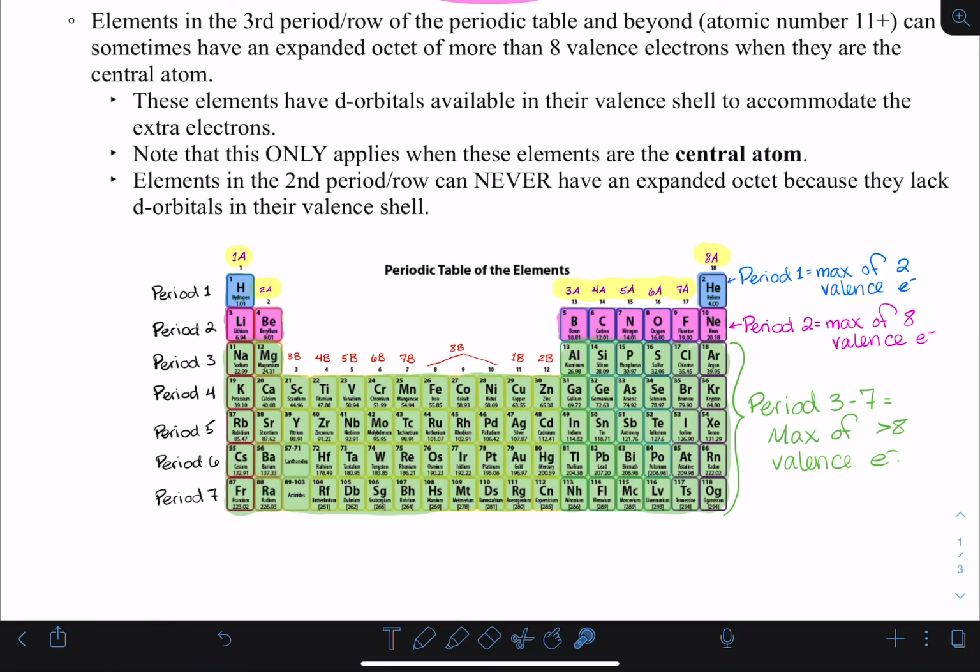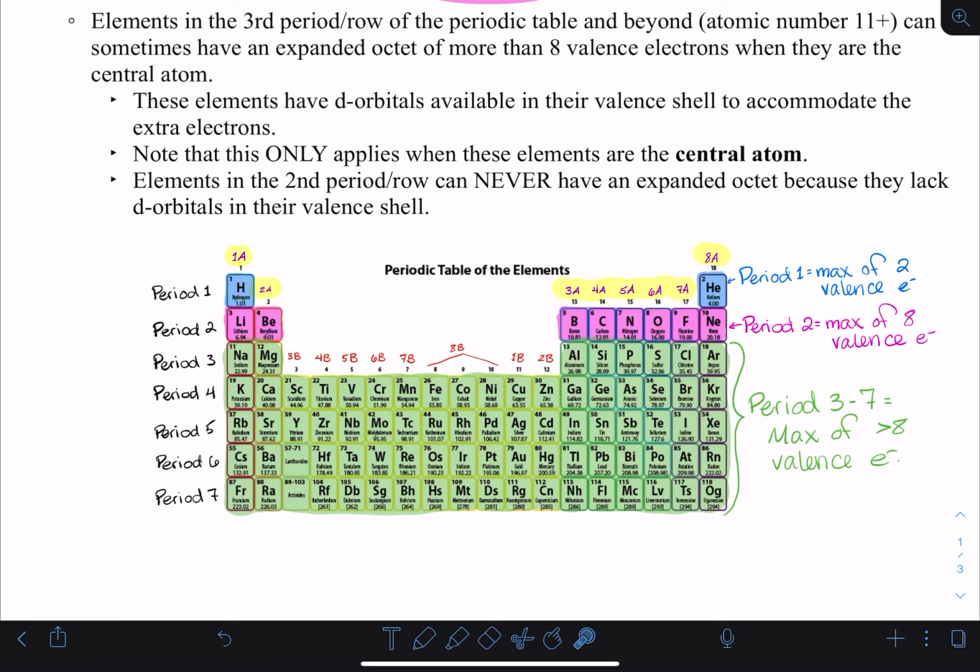But after period 2 is where we start to get d orbitals available. The n=3 energy level contains a d subshell as well, which means that after we have filled up our s and our p, there are d orbitals available in the same shell. They're higher in energy, but they're there and they can be filled up if necessary.